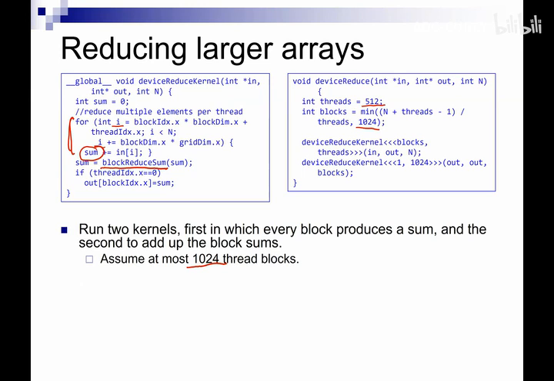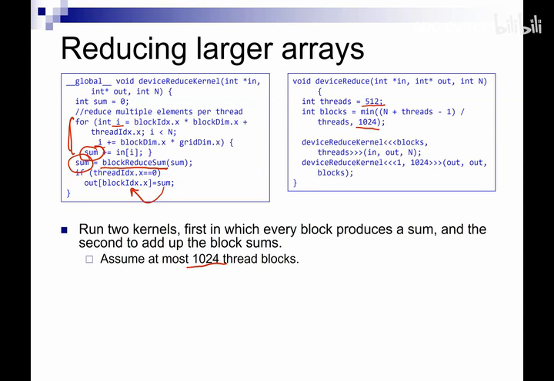This is going to produce one sum value per thread block, and we write this sum value into the output array at this block ID. So at this point, each thread block has produced one sum, but we still don't have a global sum yet, because we need to add up these block-based sums.